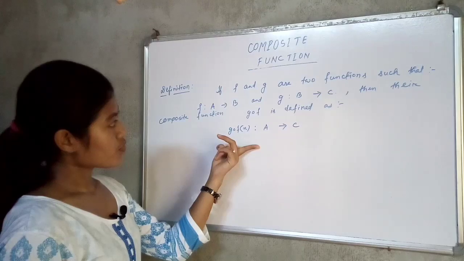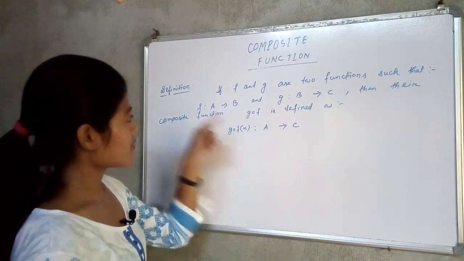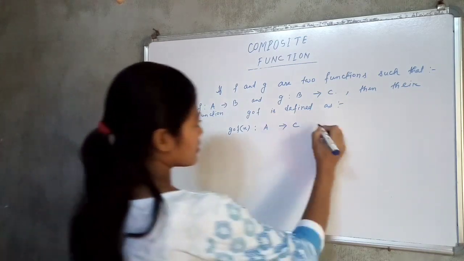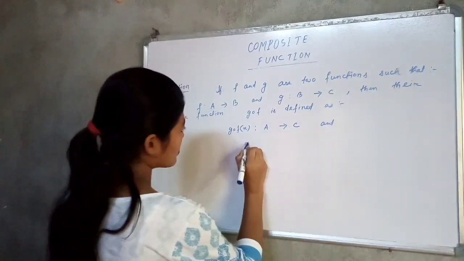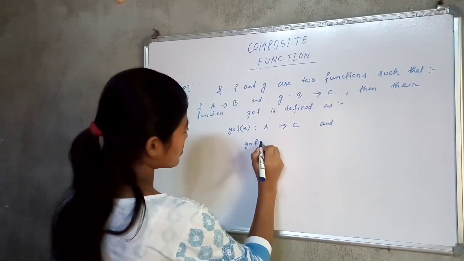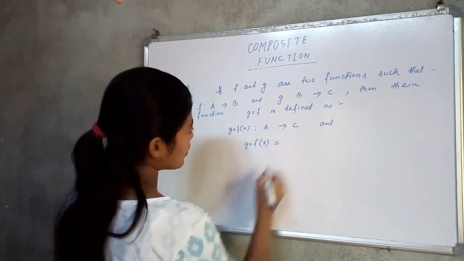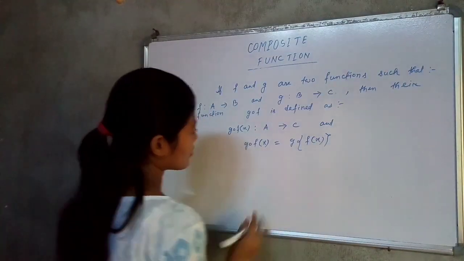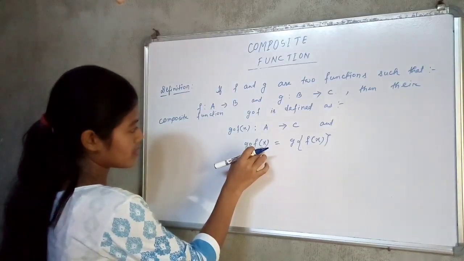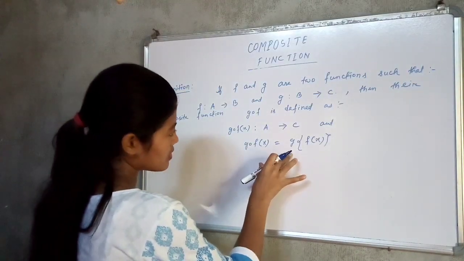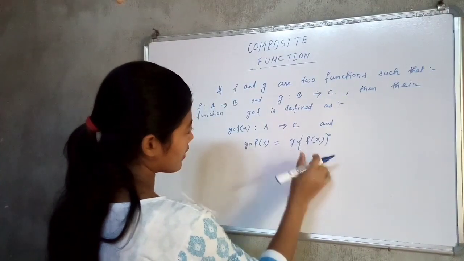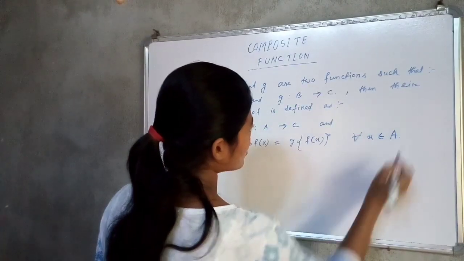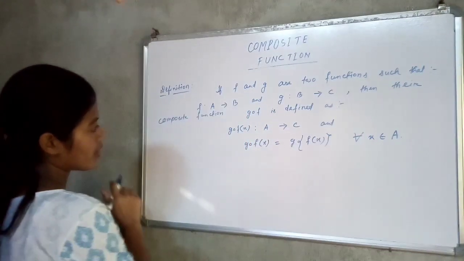The composite function goes from A to C whenever f is a function from A to B and g is a function from B to C, and (g∘f)(x) = g(f(x)). The composite function of an element is equal to g of the first function, g(f(x)), for all x belonging to the domain of the first function f.